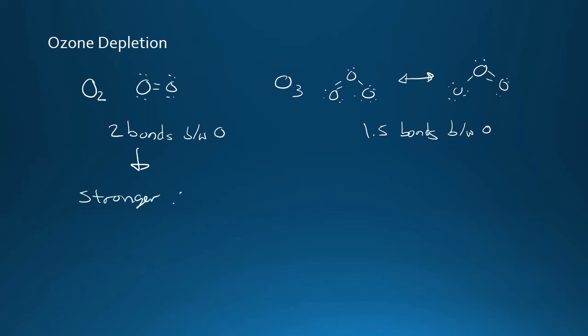And therefore, to break oxygen, it needs to be broken by higher energy UV light, UV light that has more energy. We can use this understanding of how much energy it takes to break O2 to make O3, to break O3 to make O2, and go back and forth by understanding how strong the bonds are between each of those oxygens.